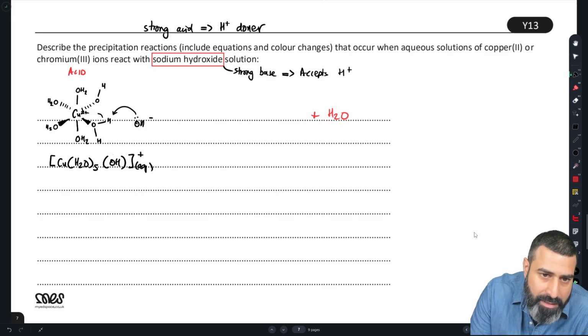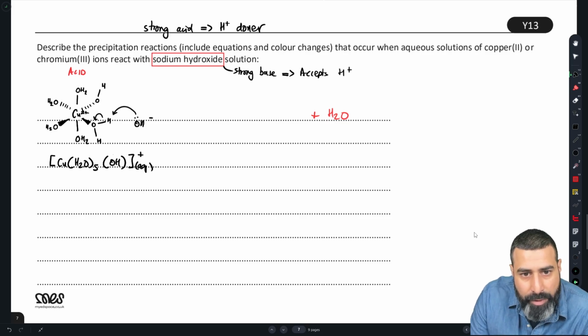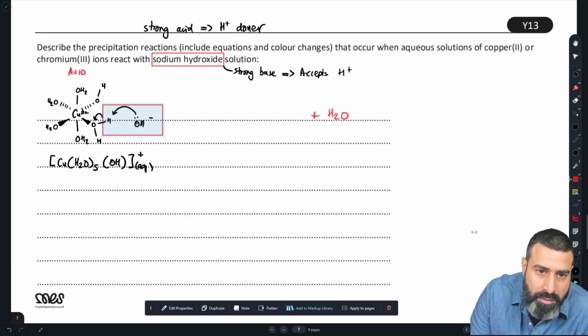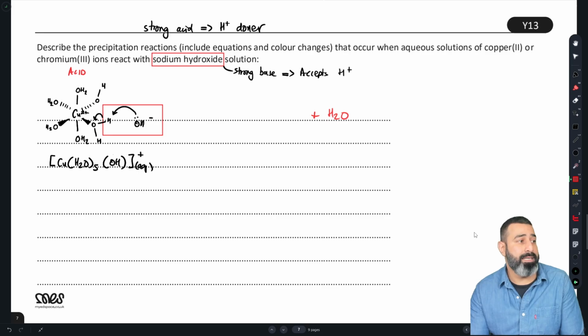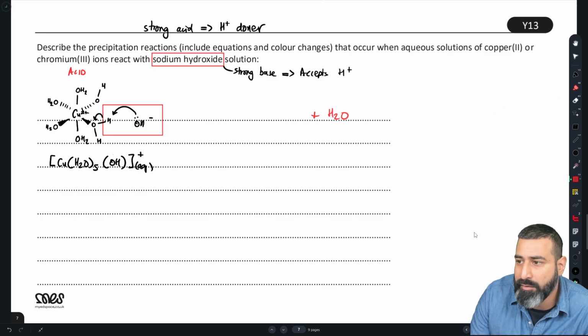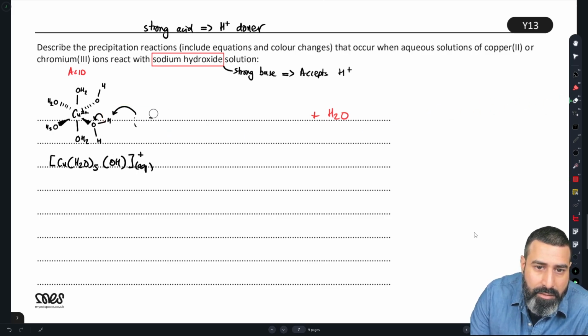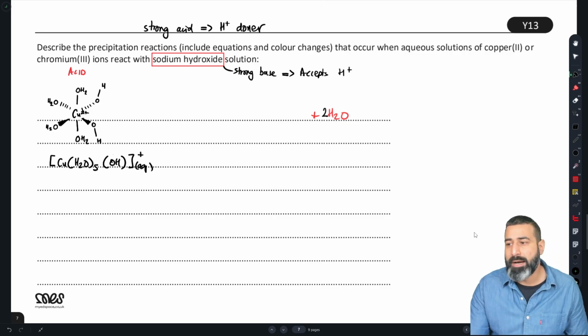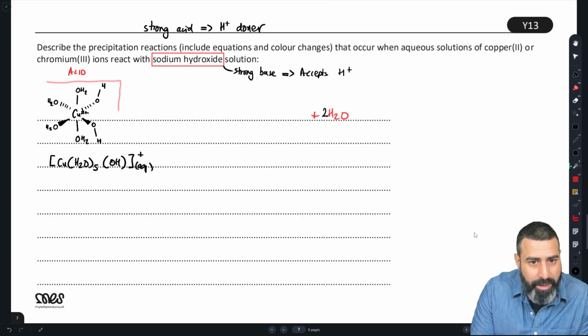And if we get another deprotonation, look at what we get. We're going to get a water molecule forming. So my complex ion is behaving like an acid, and my base, my OH-, is behaving like a base. So we get another water molecule forming. So let's show that and rub these all out. Okay, so I have formed 2 lots of water, and look at what I formed now. In my complex ion, I've got 2 OHs and now 4 water molecules.